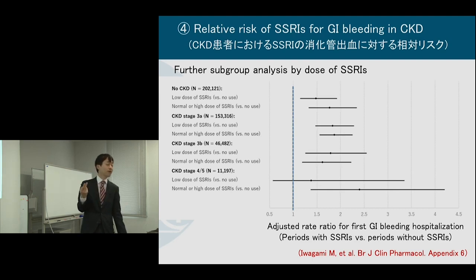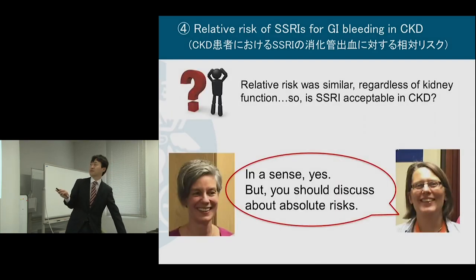That's kind of confounding, so I stratified according to dose. But you can see that it's very difficult to interpret these results because of large confidence intervals, because each group became very small. So in the end, it seemed to me that relative risk was not very different, a kind of boring result. But I was kind of confused.